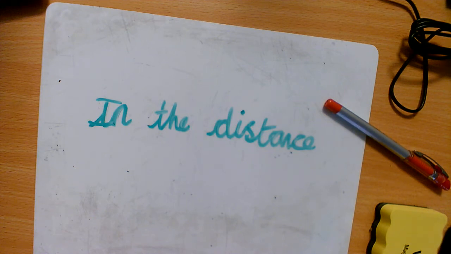Okay, so now you've had a think about what you could add to that. And I thought that it could be in the distance he could see the train coming, because the fronted adverbial is telling us the position, and we have to put the verb, so it's the train.